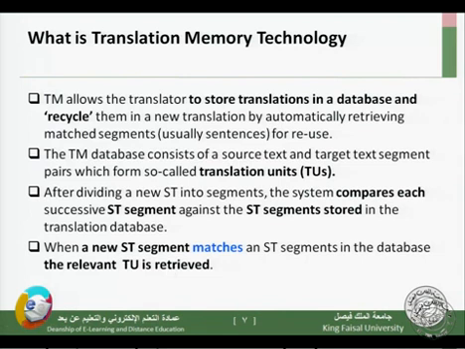When you have a new source text segment, meaning a sentence, one unit, normally a sentence, you put it in the program, the translation memory, and if this sentence matches with the ST segment stored in the database, then what happens?